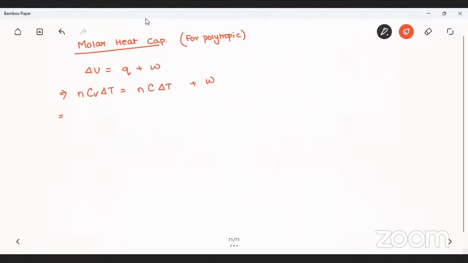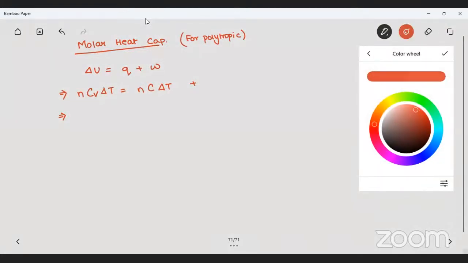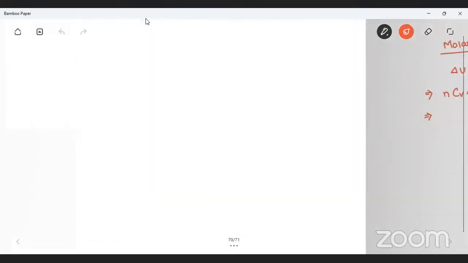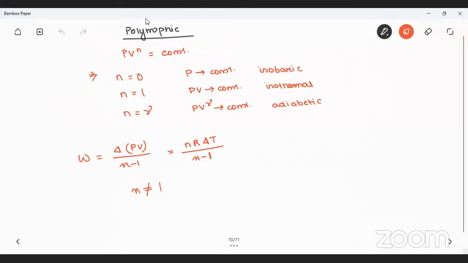Now, what can we write? nCΔT, and this work done can be just now what we have written: nRΔT by n minus 1.